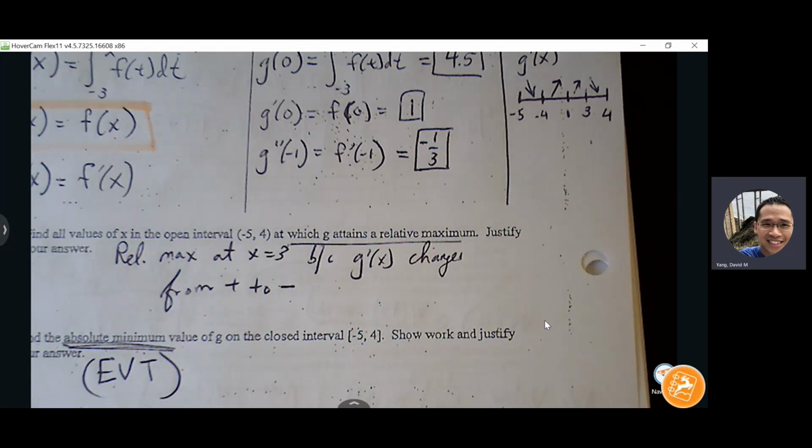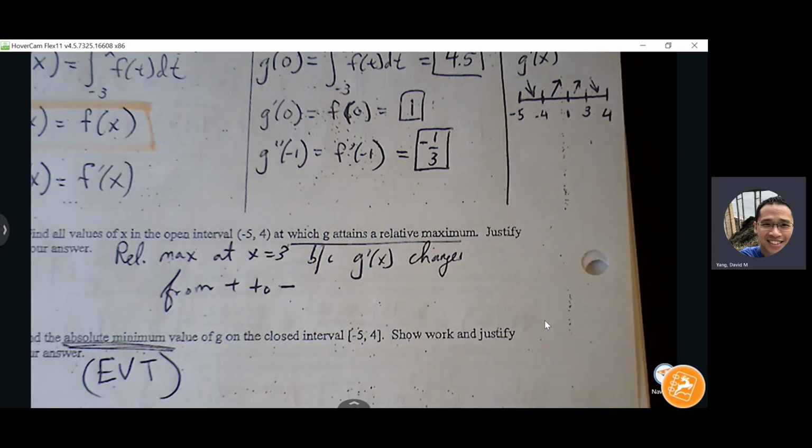We don't have to consider relative max because there's no chance that a relative max can ever be the highest point, the lowest point, right? So it's only asking for absolute minimum. So you only have to consider endpoints and relative min. So we'll consider -5, we'll consider 4, and we'll also consider what? -4, right? So only 3 points we got to consider.